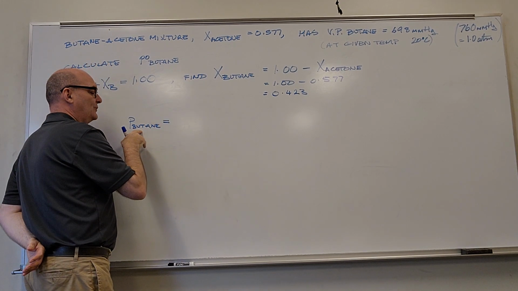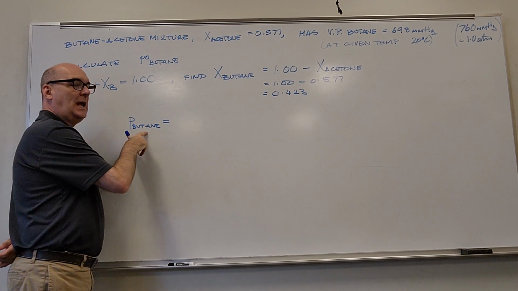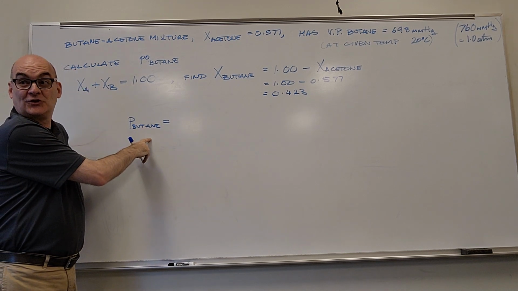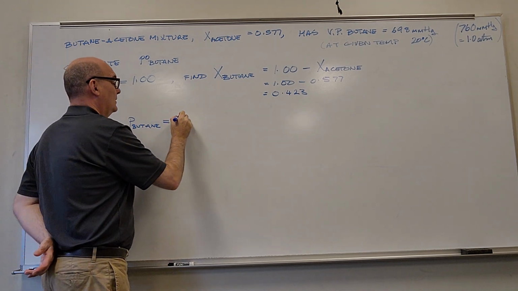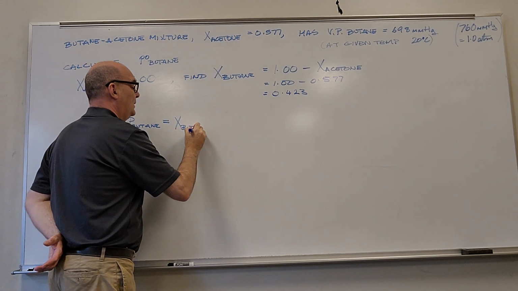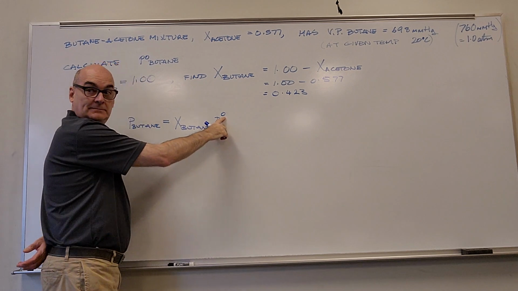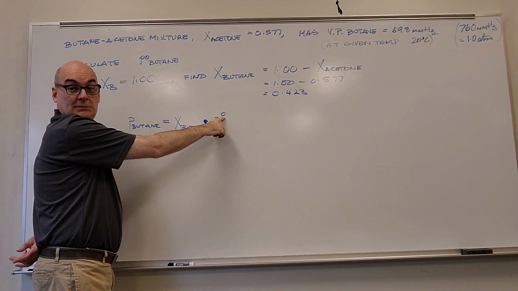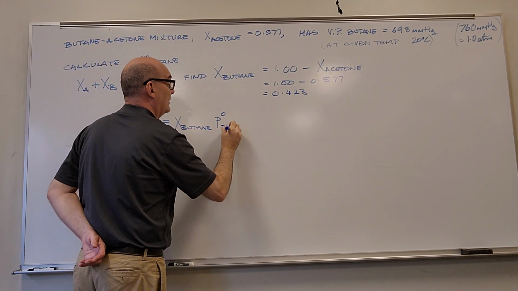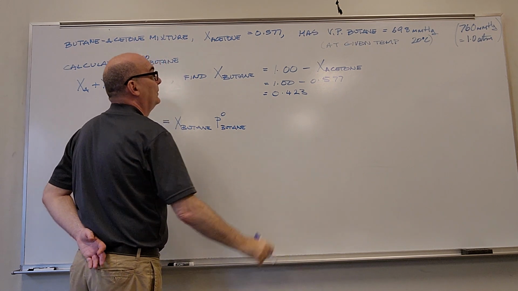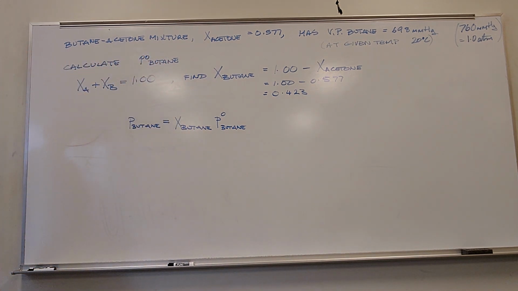So, the pressure for butane in the mixture is equal to the mole fraction of butane in the mixture multiplied by the pure pressure for butane. All right.